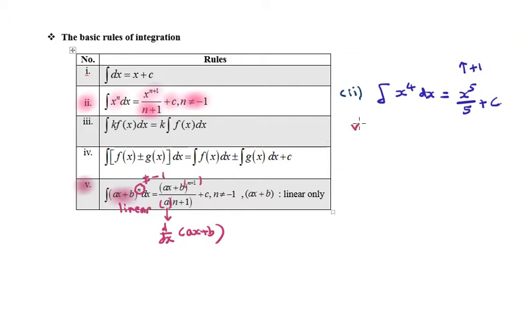So the result is (ax plus b) raised to power n plus 1 divided by a times (n plus 1) plus c. Where does this a come from? This a is the differentiation of ax plus b.